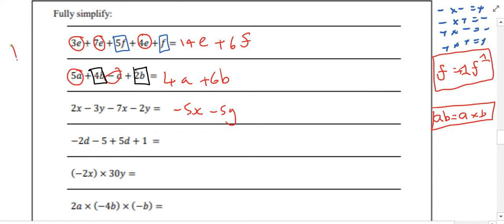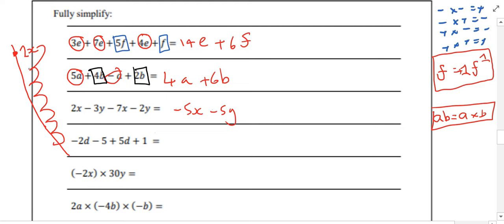Now, if we have problems trying to figure out the negative numbers, let's use a number line. So here we are starting at positive 2x, and we're going down 7 x's. 1, 2, 3, 4, 5, 6, 7.